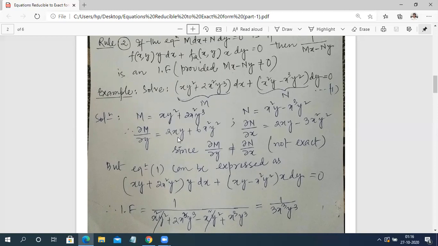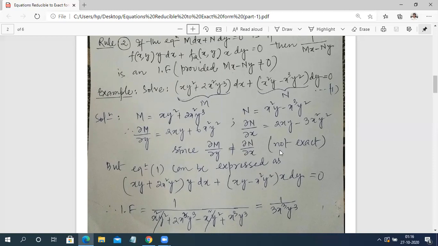Now we can easily check that these two functions are not equal. ∂M/∂y and ∂N/∂x are not equal. So this given function is not exact.